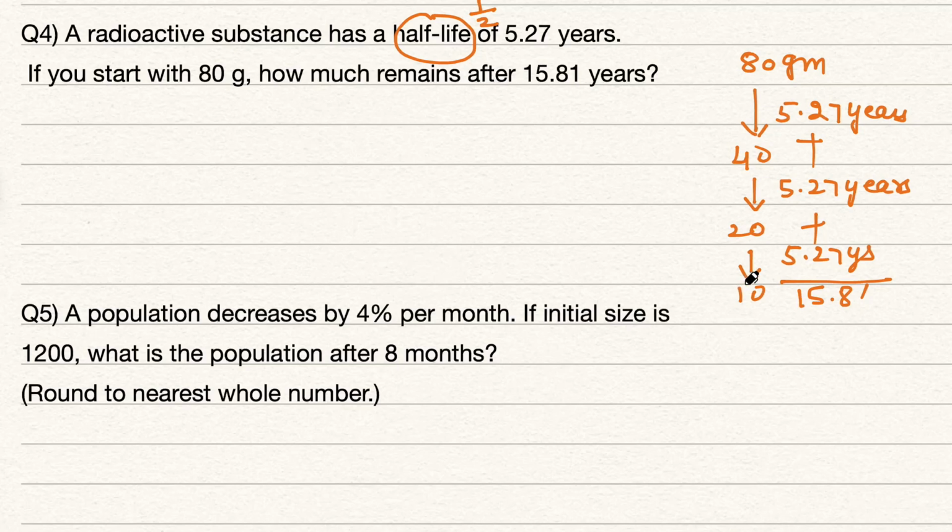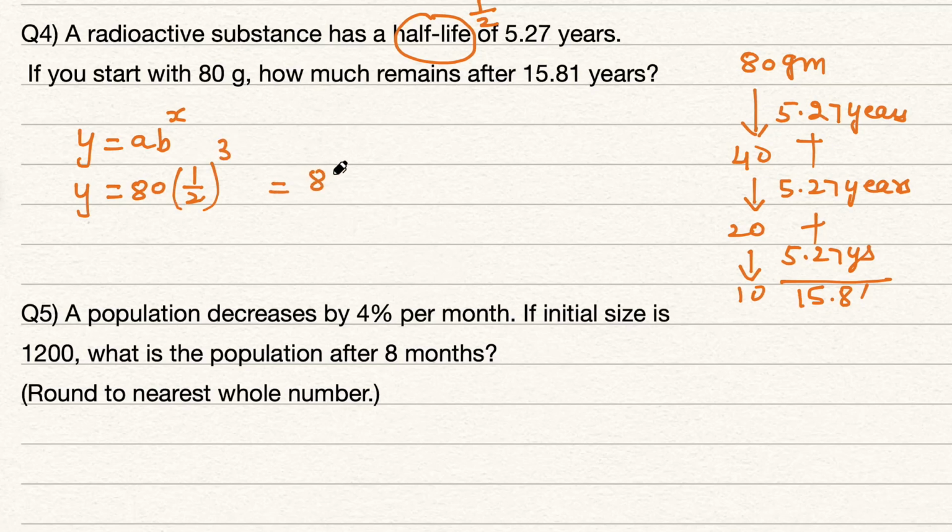So that is simply without using the formula. But if you have to use the formula, it will be like y is equal to a b. Let's write the formula first. So you have to calculate y. Initially, the radioactive substance is 80. The decay factor is half. Now, if it is 5.27 years, then for 15.81 years, you have to do the calculation 3 times, right?